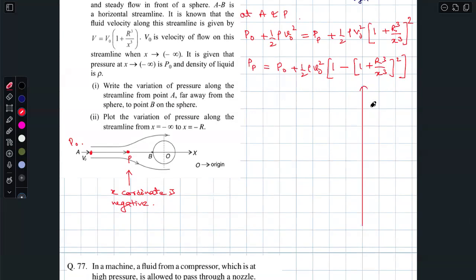Now, on the y-axis I am taking pressure at point P. This is the negative x-axis side. I don't need to work in the positive x direction, because all the coordinates here are negative. Okay. So now at some infinite point, you set the pressure as P naught. Actually, the nature of this graph grows like this.